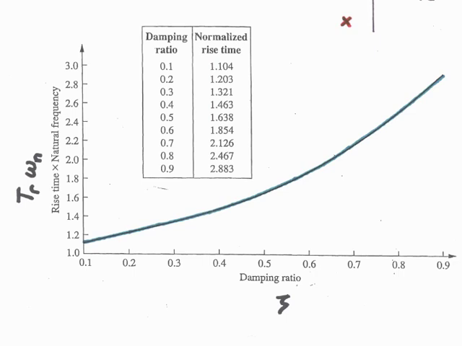And on the horizontal axis is damping ratio. From the curve given, one can determine the rise time if one knows the damping ratio and the undamped natural frequency, omega n.